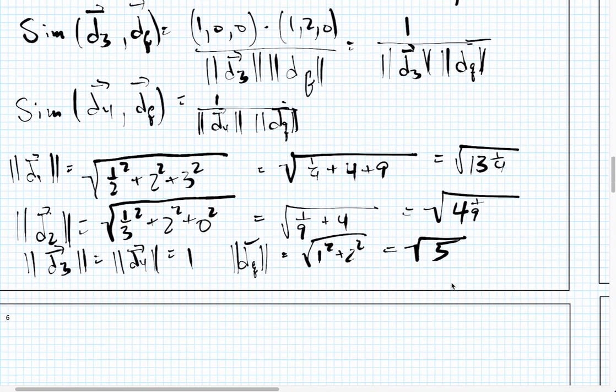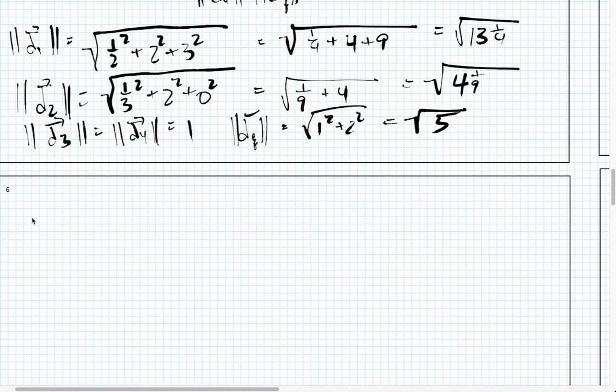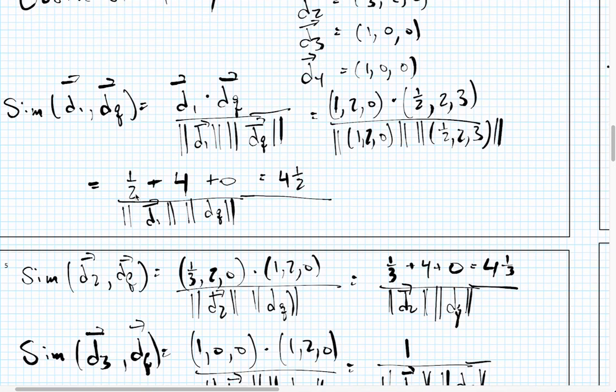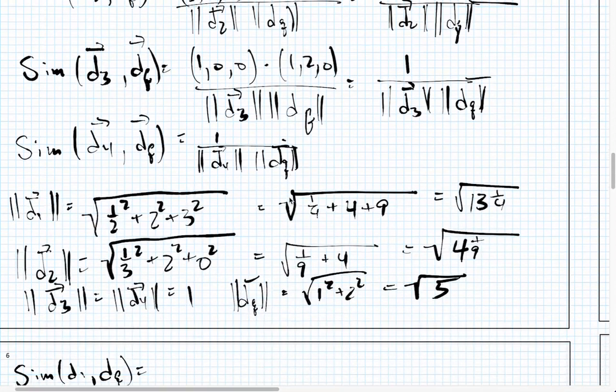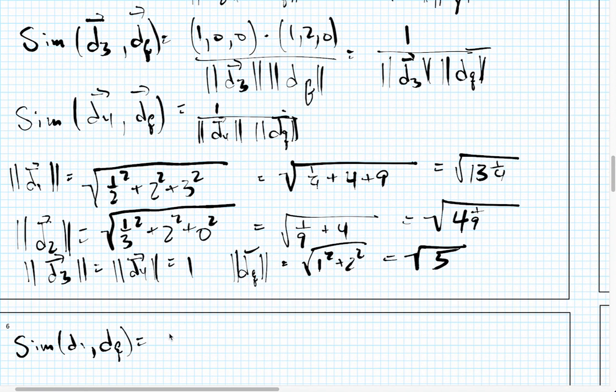So now we get the similarity of D1, DQ. We have to come back up here. The similarity of D1, DQ is equal to 4.5 divided by the length of D1, which is the square root of 13.25, times radical 5.